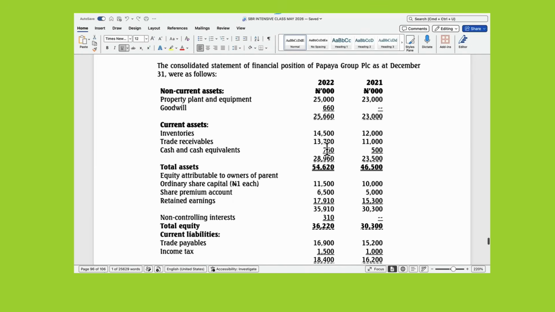Look at current assets, 760. And that's what shows that you have done the correct adjustment. And that is all. As you can see, movement does it all. You capture the movement, your cash flow is ready. It is ready.